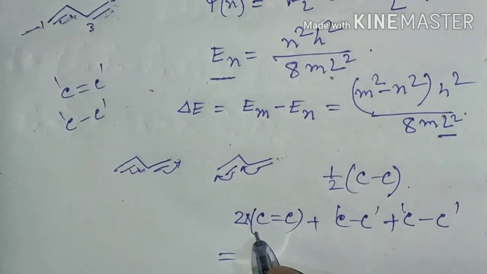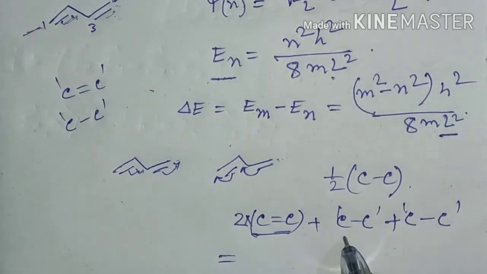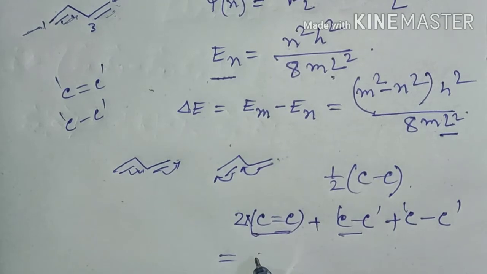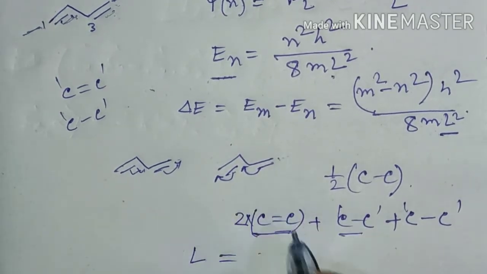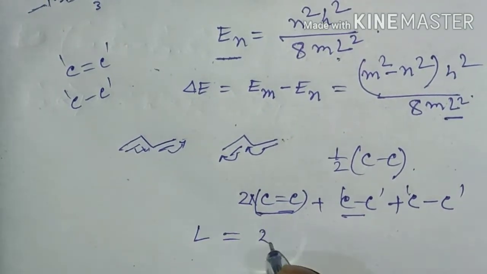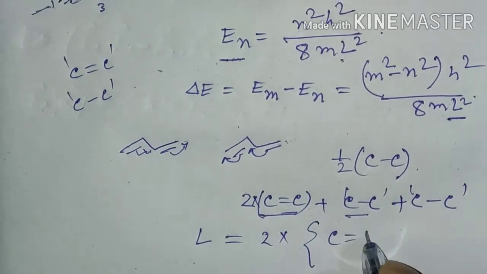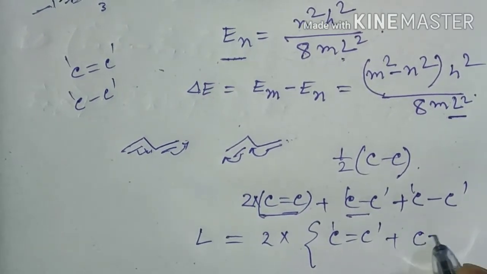That is, if you are given the value of C double bond C length and CC single bond length, then you can calculate the length of the conjugated system, like 2 into CC double bond length plus CC single bond length.